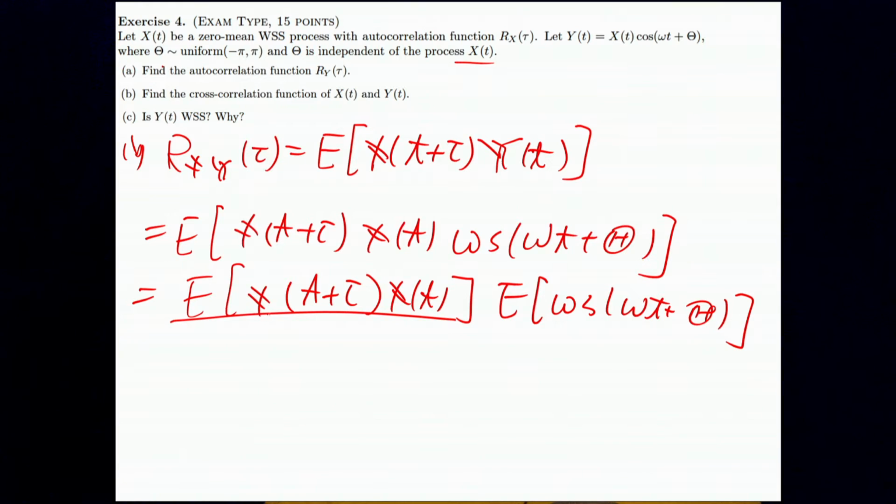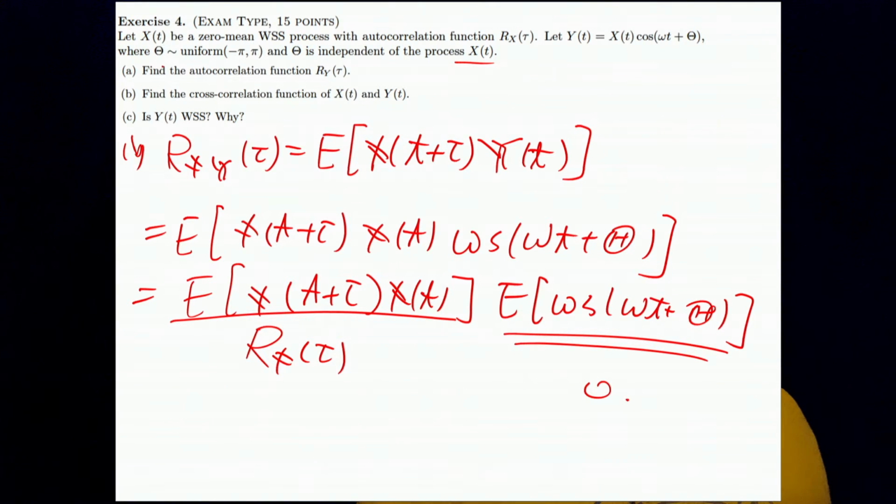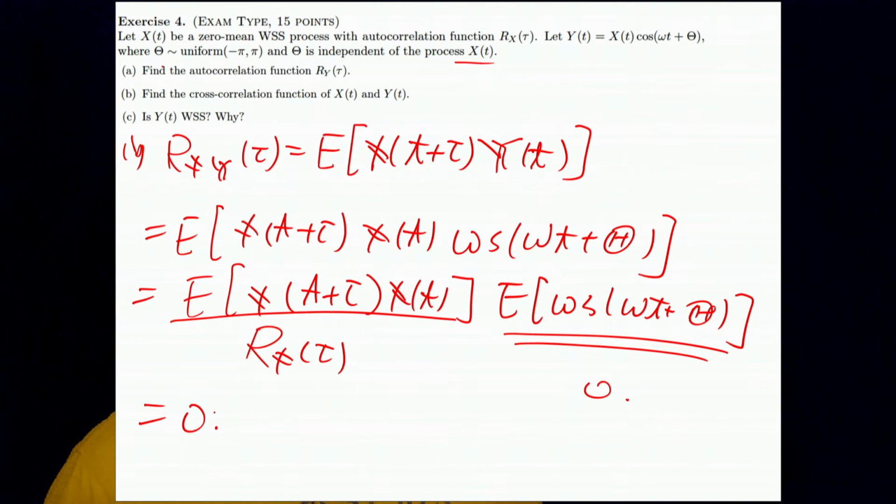The first is Rx, the autocorrelation of X. However, this is 0, since cosine is an even function and theta is uniformly distributed from minus pi to pi. When you do the integration, you will find it is 0. So here it's 0.